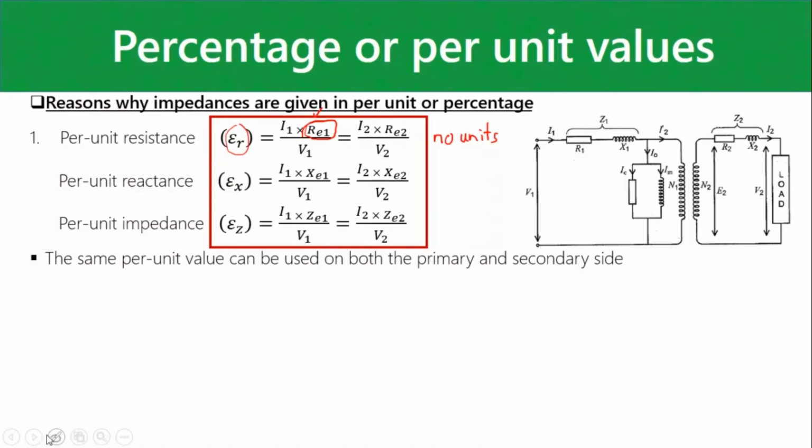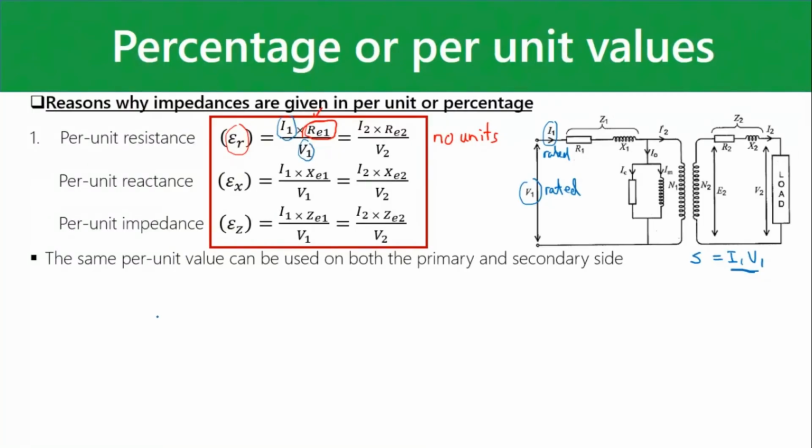And I1 and V1 are the rated values of the transformer, so that is your rated current and your rated voltage. So if the thing has a kVA rating, S equals I1 V1. So these are rated values, okay? So use those rated values, I1 and V1 there.